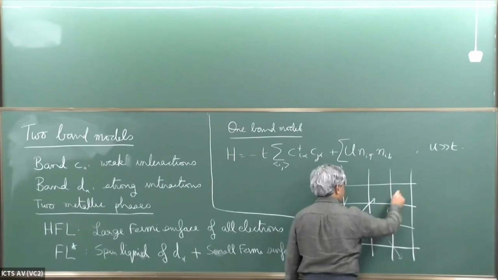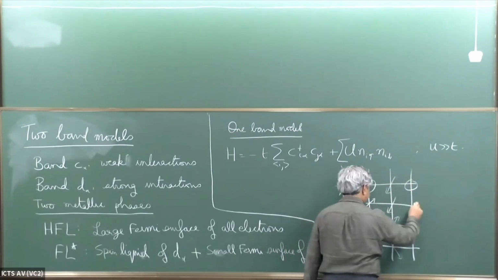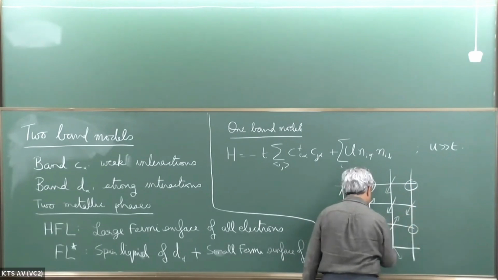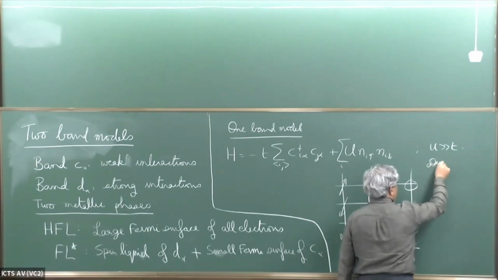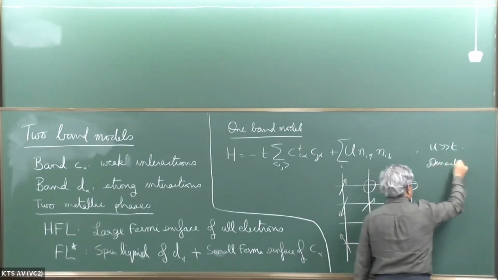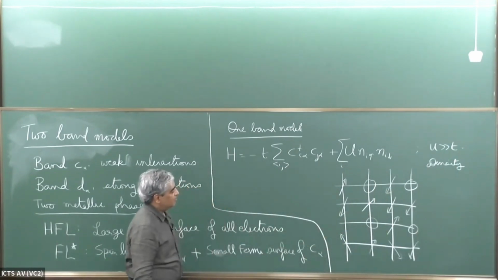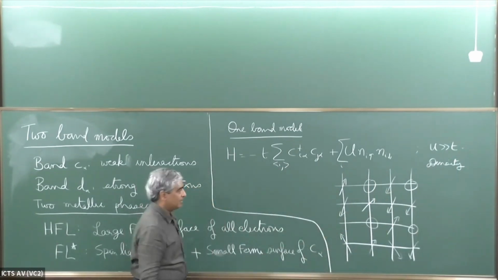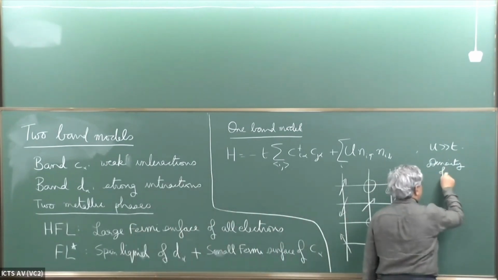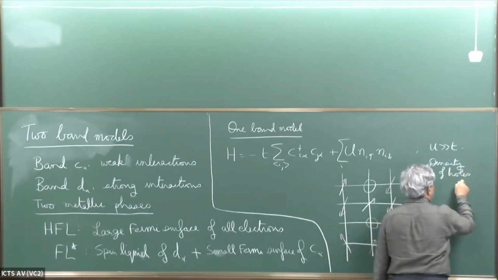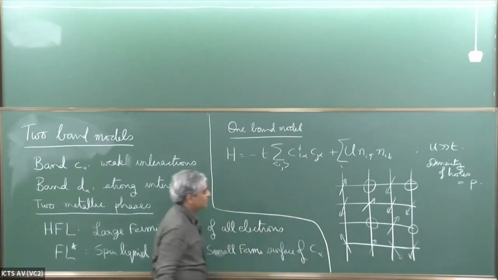And your U is so large that you don't want to put two electrons on the same site. So the density of holes, defined with respect to a system where you have one electron per site, and this is how people measure it, is equal to p. So this p is a very important number to keep track of.